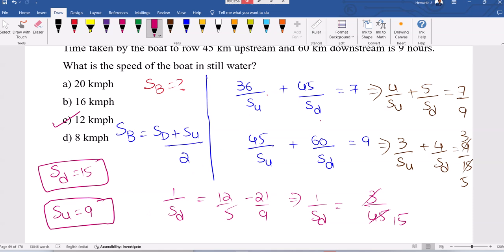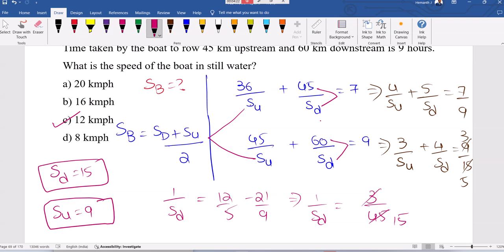So I have one more cross verification. See, this is an integer value, no? Means 45 should be divided by downstream. 45 and 60 can be divided by 15, and we got an integer here. We need a value which will divide 36 and 45 here. 9 will divide 36 and 45, right?